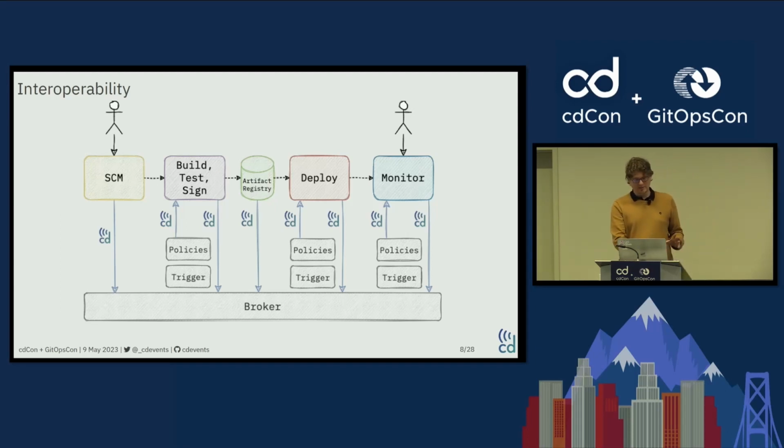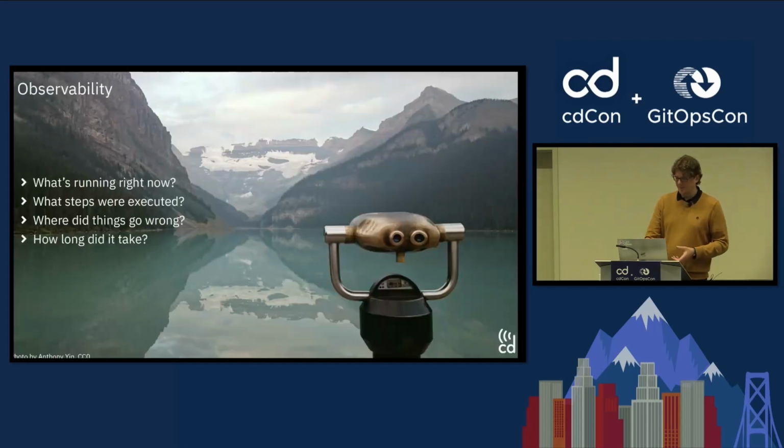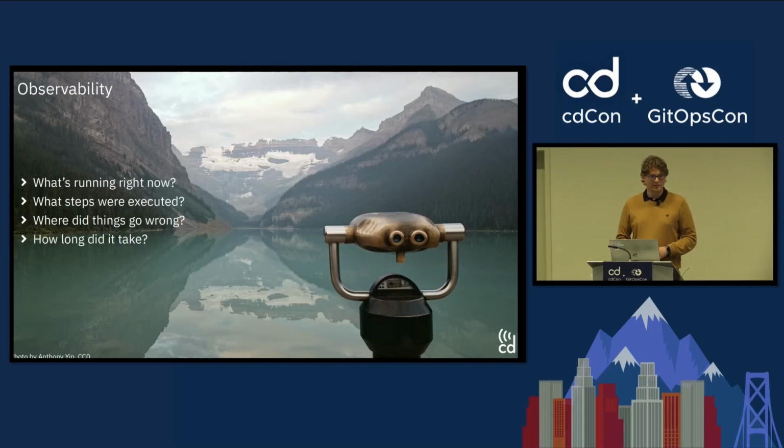So this is basically switching from an integration to an interoperability type of scenario. But there are still some issues with this kind of setup. What about observability? When you have this event-driven approach, with different components declaring what they're doing and applying policies in this distributed format, it becomes harder to answer questions like: what is running right now?